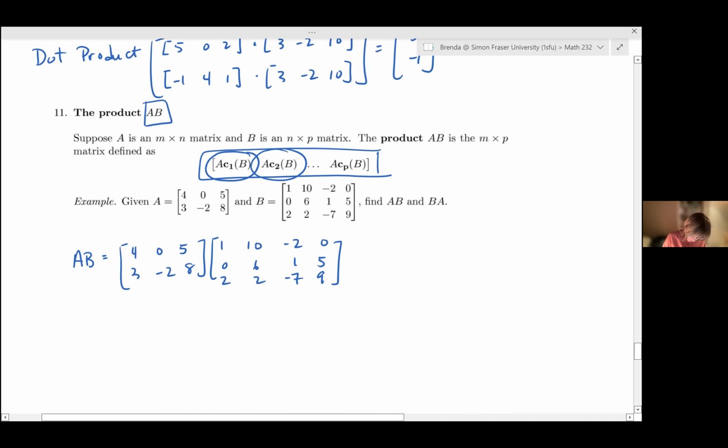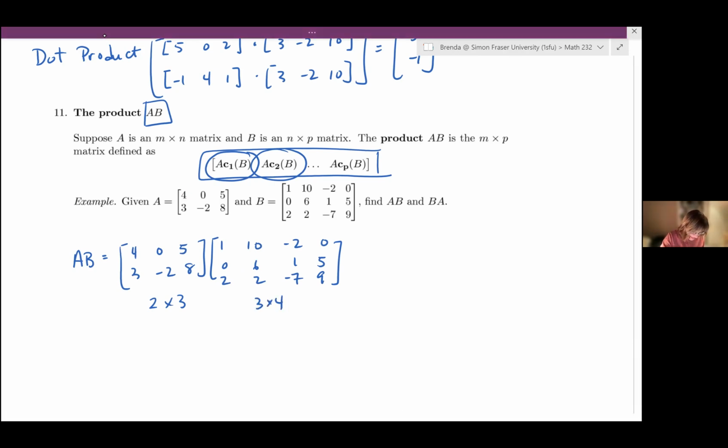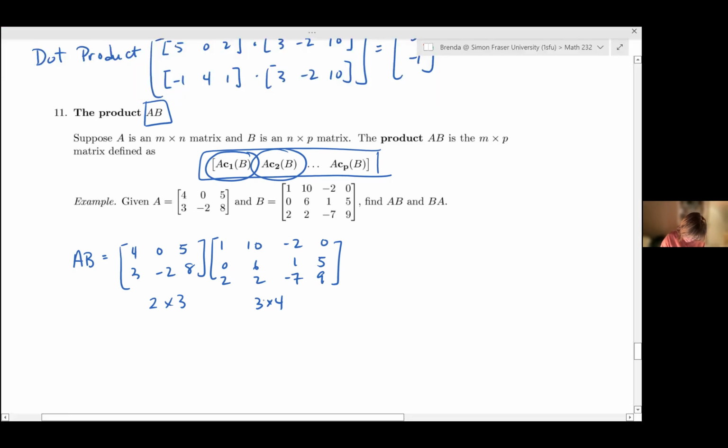And here's how you're going to do that. You're going to write out that this guy here is a 2 by 3 matrix A, and B is a 3 by 4 matrix. Okay, and then the inner numbers have to match. These two guys have to be the same. They are. Proceed. If they're not, write out that the product is not possible and go to the next question.